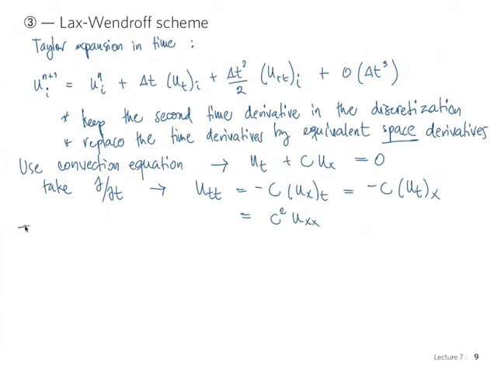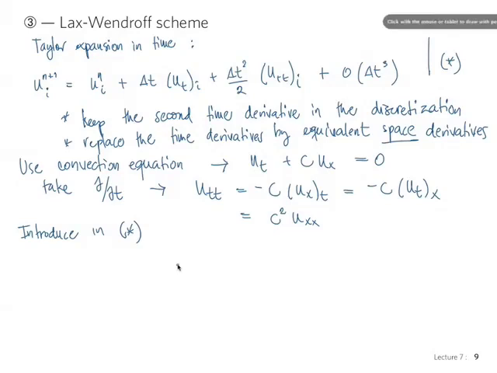So now we introduce this in our equation here. I'm going to change color to make it easier to see the difference between all of these writings and scribbles here. And u_i^{n+1} is equal to u_i^n minus c delta t.